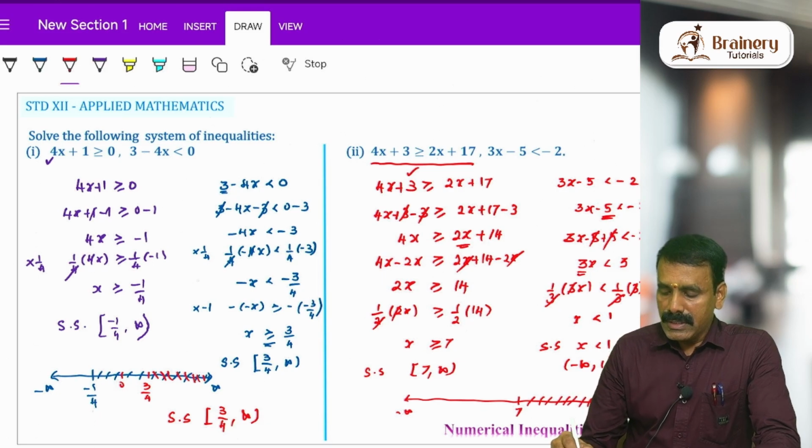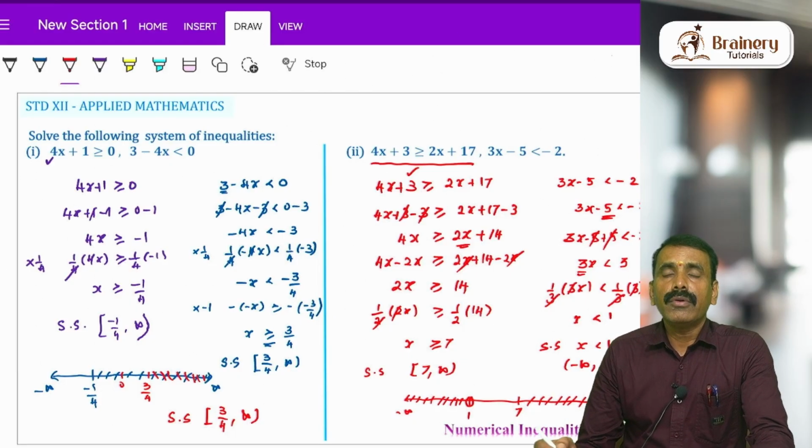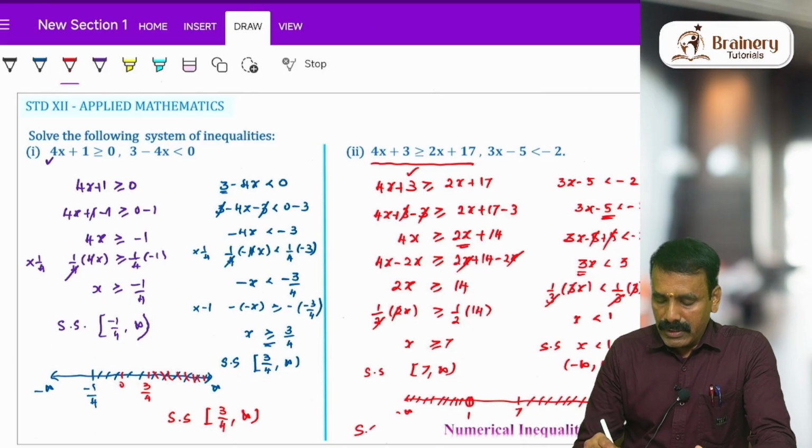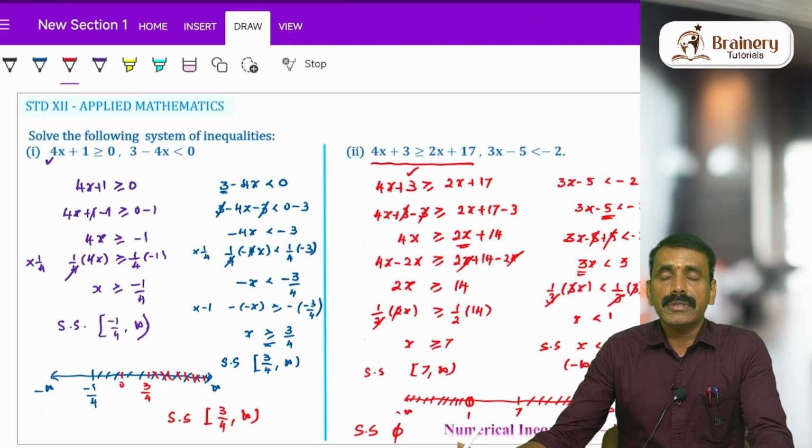The next one is minus infinity to 1. So it is going to be this region, minus infinity to 1, and we are excluding 1. Do you find any common region here? We don't have any common region. Okay. So the solution set for this set of inequalities will be the null set. We don't have any common region. Okay.